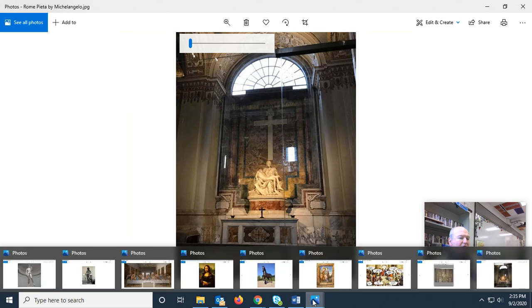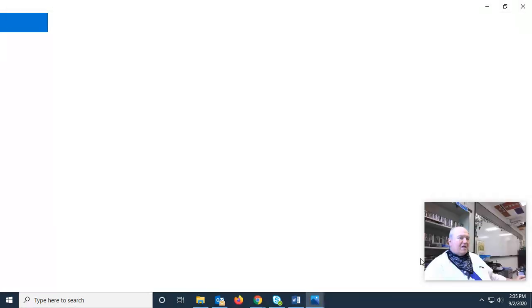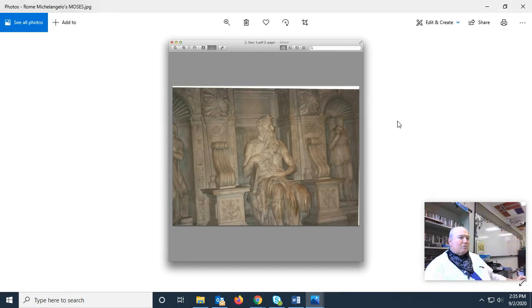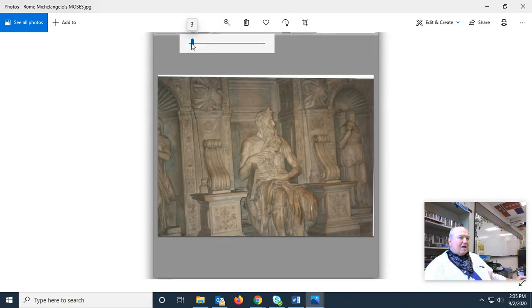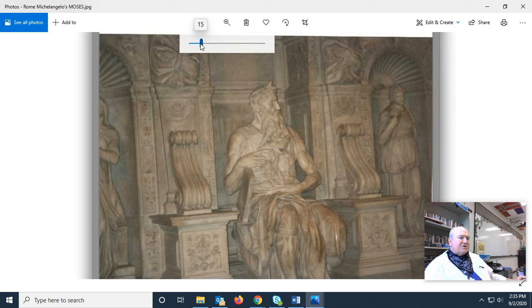Okay, look, there's more. I want to find this. On that same trip, when I was in Rome, we went to St. Peter in Chains Church in Rome. And this is Michelangelo's statue of Moses. It adorns the tomb of Pope Julius II. And the face here is the face of Pope Julius II.